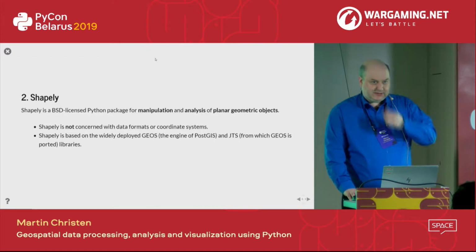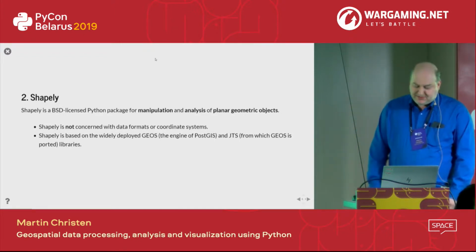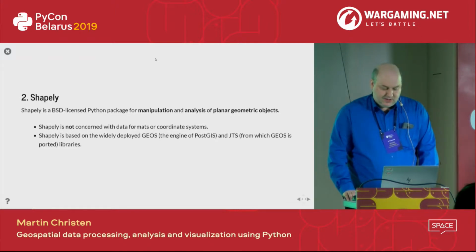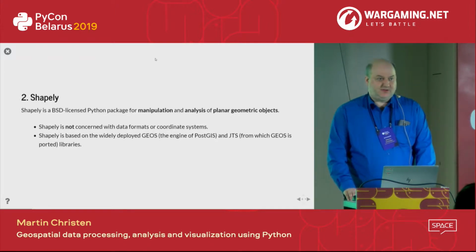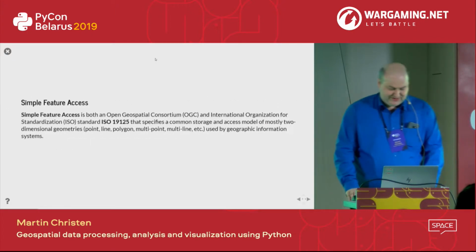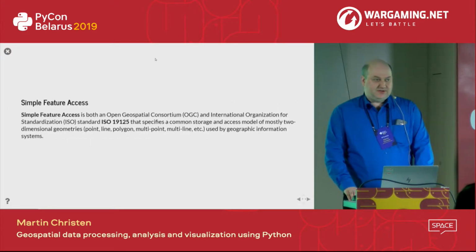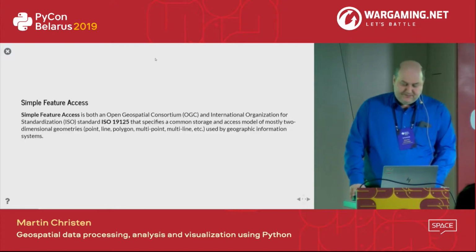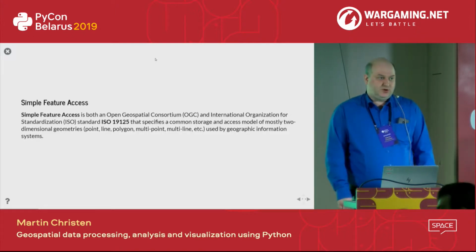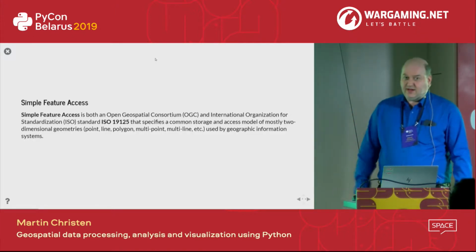So let's look at Shapely. Shapely is a library for the manipulation of planar geometric objects. This sounds interesting. What is meant by that? There is an industry standard called Simple Feature Access. It's a standard created by the Open Geospatial Consortium, OGC, and it's also an ISO standard.